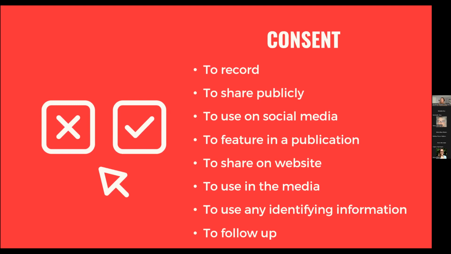That means during the initial interview, we want to ask their consent to record, to share it publicly, to use on social media, to feature in publications, websites, media. And we want to ask their consent in terms of how they're going to be identified. Is it okay to list their county? Is it okay to list their first name? Would they prefer to have their story submitted anonymously or with their initials or first name only?